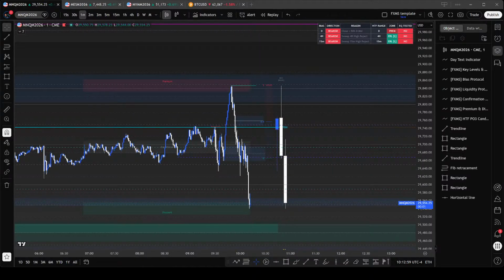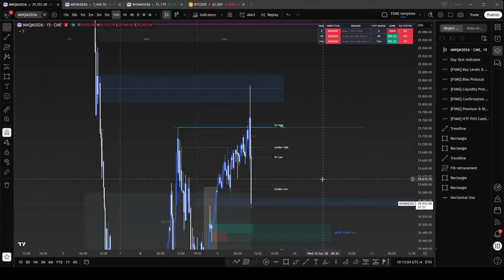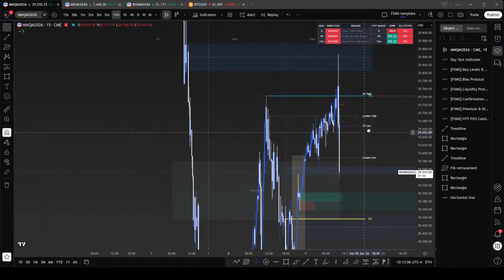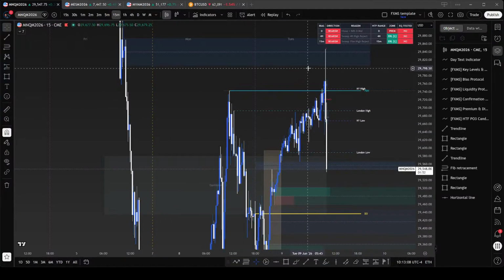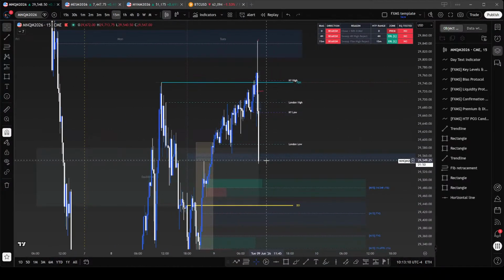Let's see what the 15 looks like here. We got about 2 minutes to go until this next 15-minute close. That looks like a pretty strong indication of what we're doing. We're going to reach the 4-hour imbalance. Well, we already did. Let's see if we get a retest of that. Melting right through it.